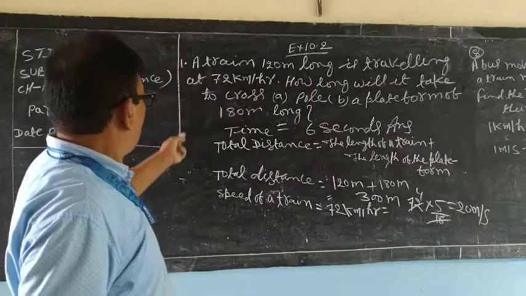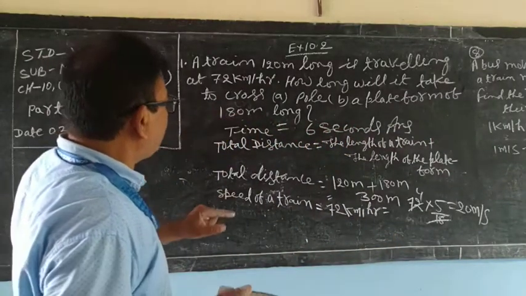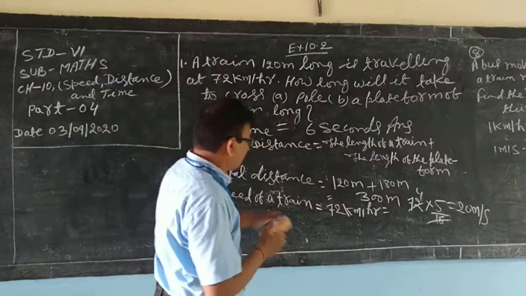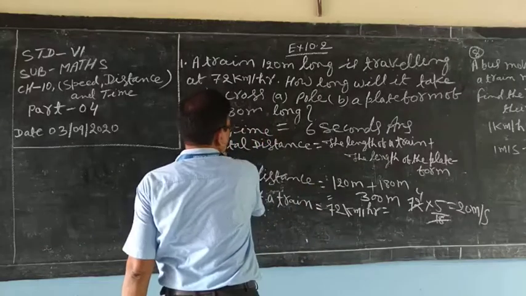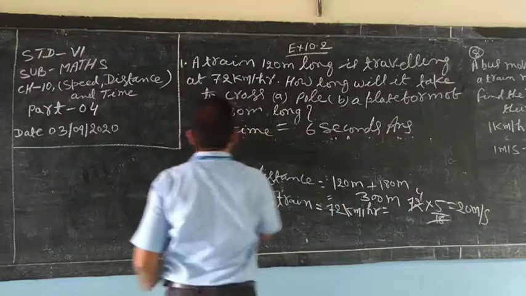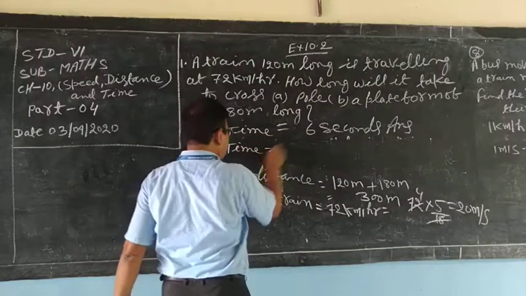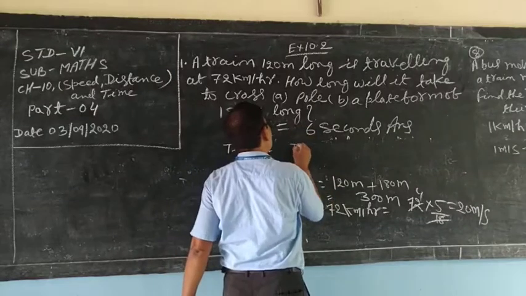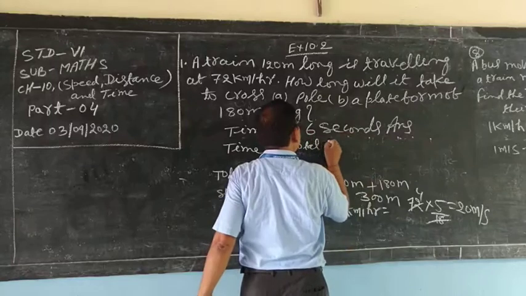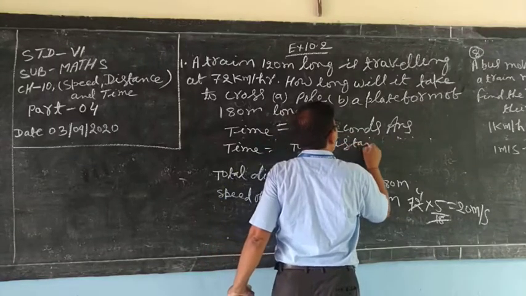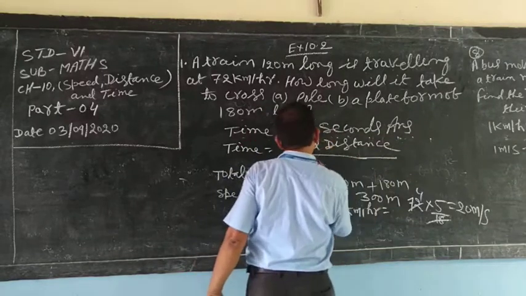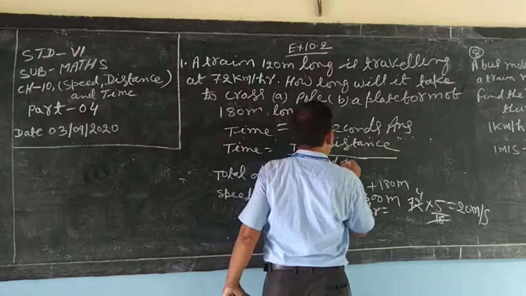Now how long will it take? The speed is 20 meter per second and the total distance is 300 meter. Again time is asked, so time is equal to total distance by the speed of the train.